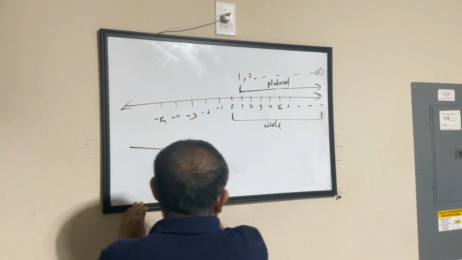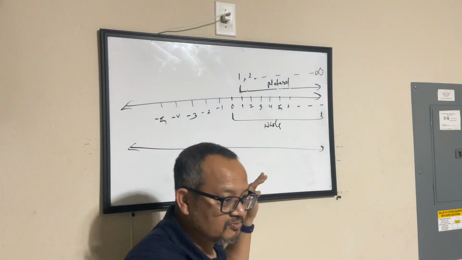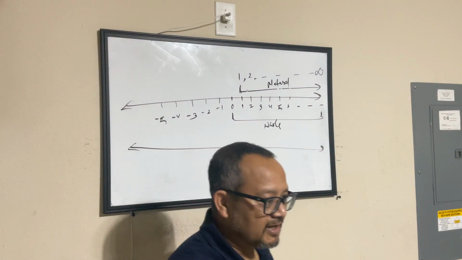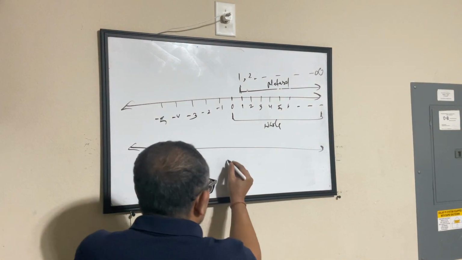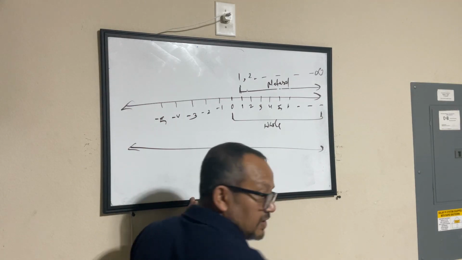Now I'm including negative numbers also into it. What is this called? Integers. Integers.